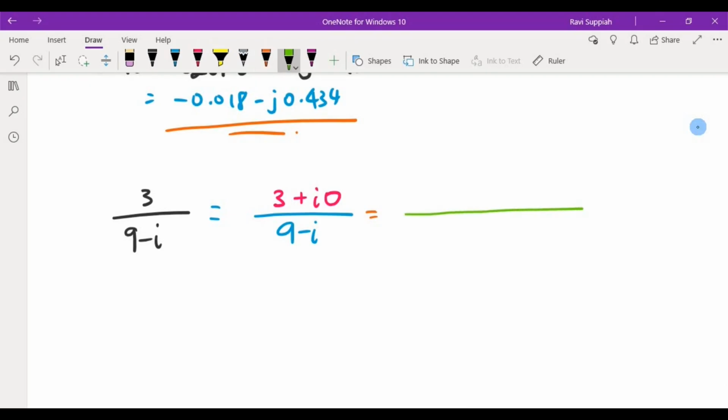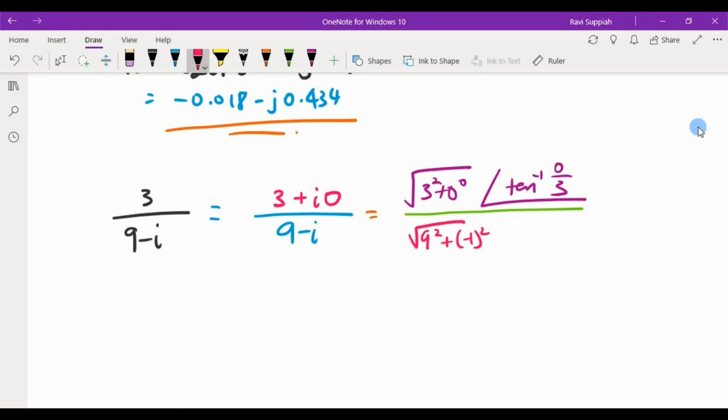So let's proceed. The numerator will be the square root of 3 square plus 0 square, with angle inverse tangent of 0 over 3. For the denominator part, you have the square root of 9 square plus minus 1 square, with angle inverse tangent of negative 1 over 9.